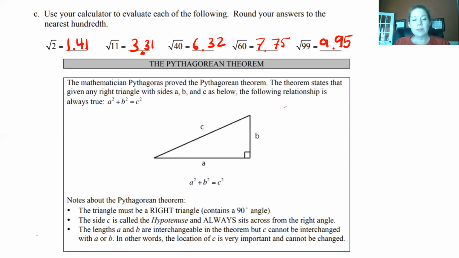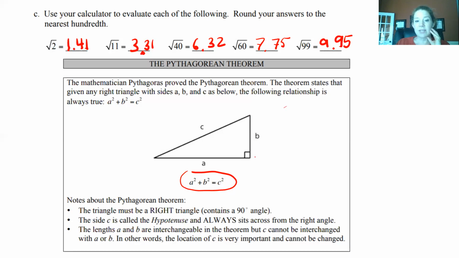All right, so the reason we're talking about perfect squares is because the Pythagorean theorem uses squares and square roots. The Pythagorean theorem is a way to find side lengths dealing with right triangles. So anytime you have a right triangle, the side lengths have to follow the Pythagorean theorem. All right triangles have two legs.